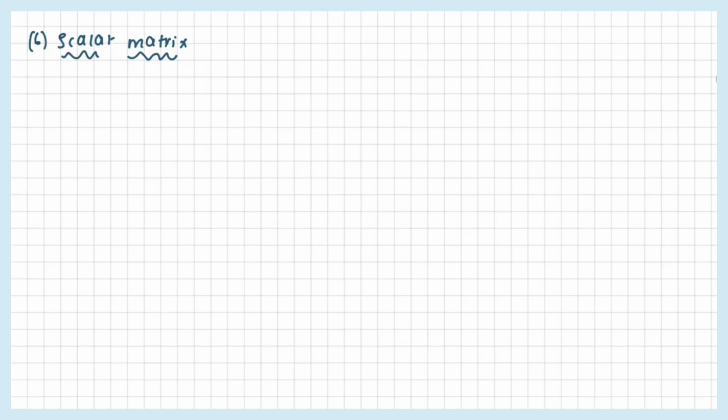The scalar matrix, I'll give you the definition first: the diagonal elements are the same. What do you mean by diagonal elements are the same? I'll give you an example.